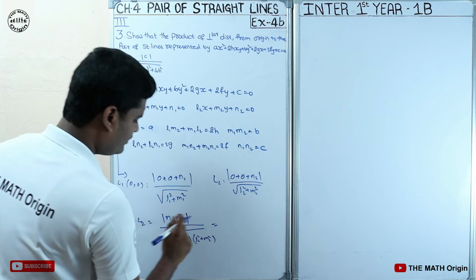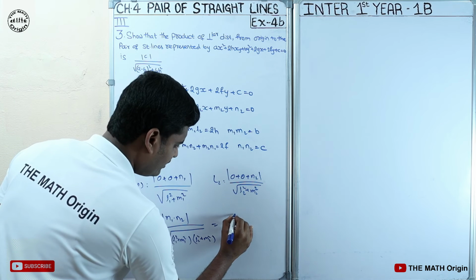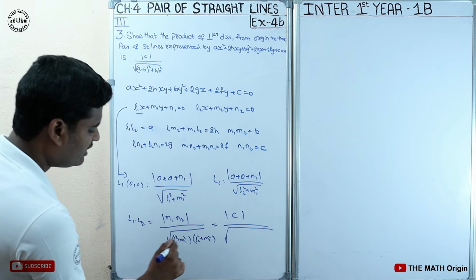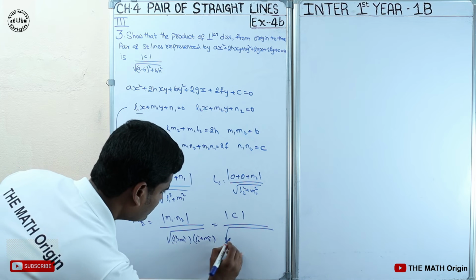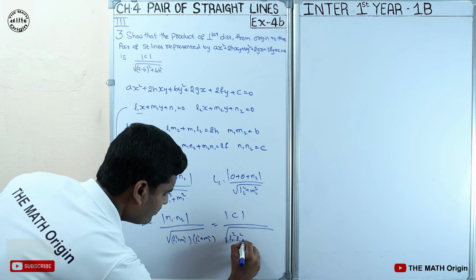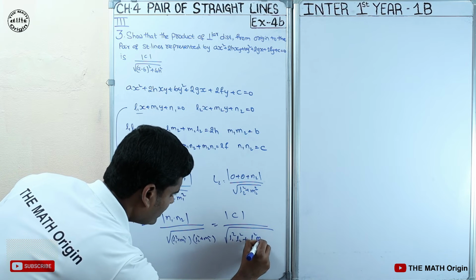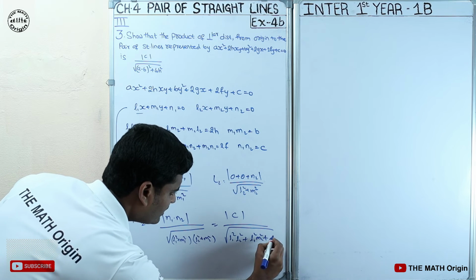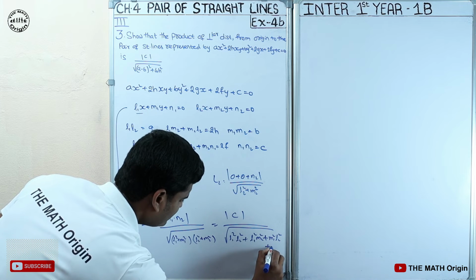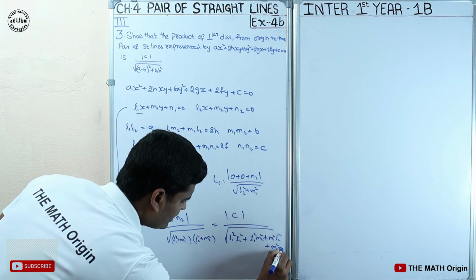Okay, from this if you see N1 N2 is equals to C, we have C by root of, let's expand the values, L1 square L2 square plus L1 square M2 square plus M1 square L2 square plus M1 square M2 square.